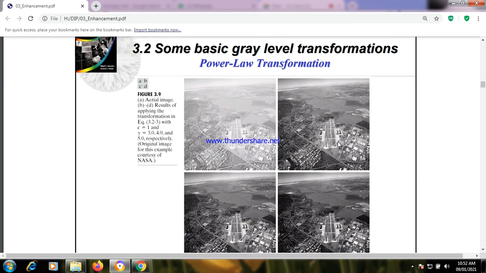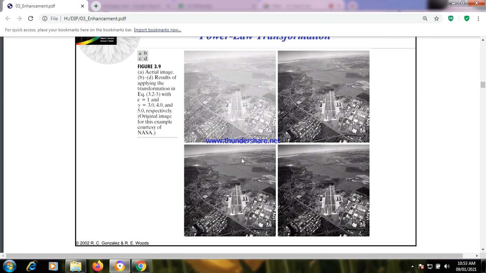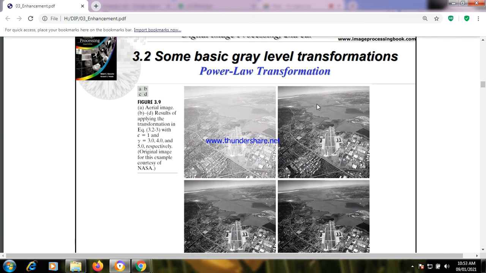So we have one more example related to power law transformation, right? So this is one aerial image, right? And figure B to D, these are the results of applying the power law transformation. Again C is made as one constant for all the 3 images and gamma it is varied here, it is 3, 4, 5. So this is the original aerial image and this is the image after applying power law transformation, right?